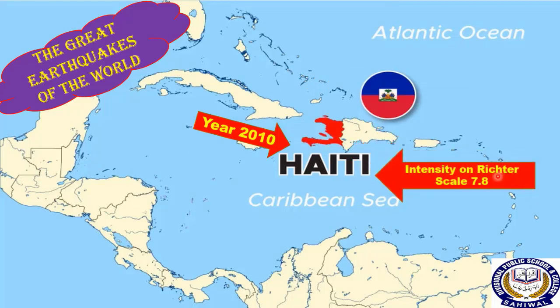Intensity on Richter scale, it was 7.8. Next, wastage of lives, 1,50,000 people lost their lives at that time during 2010 earthquake at Haiti. So that's why this earthquake is also included in the great earthquakes of the world.